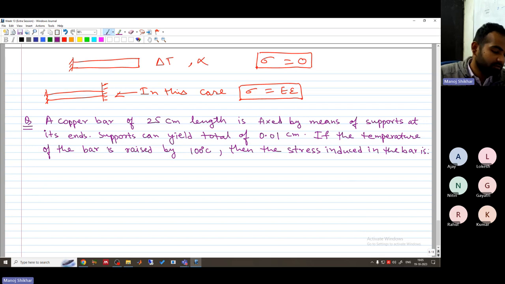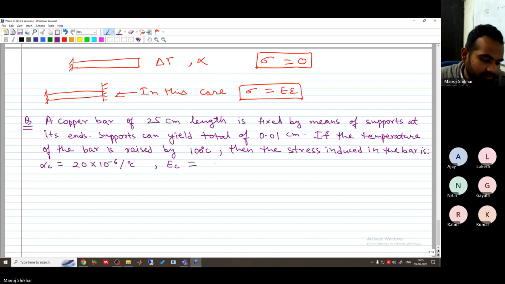And they have given that alpha c equal to 20 into 10 power minus 6 per degree centigrade, and they have given E c as 10 to power 6 kg per centimeter square.